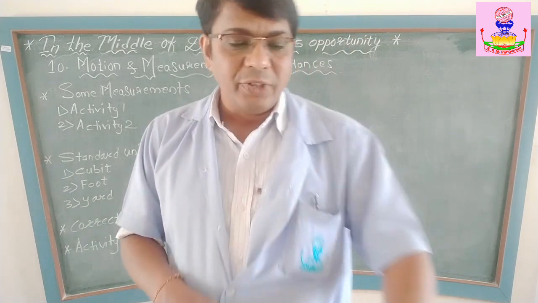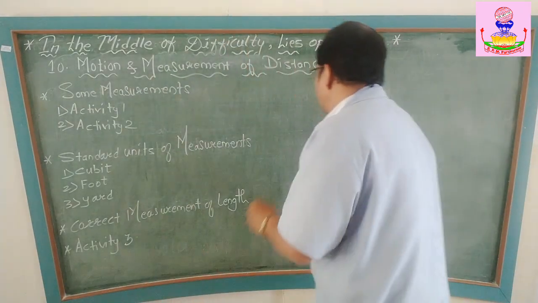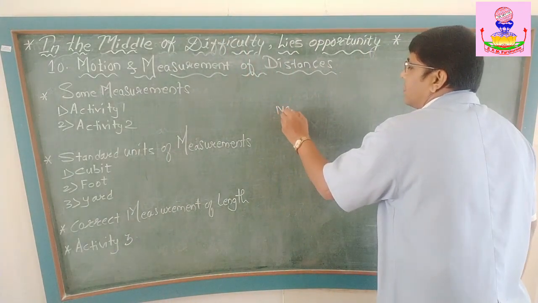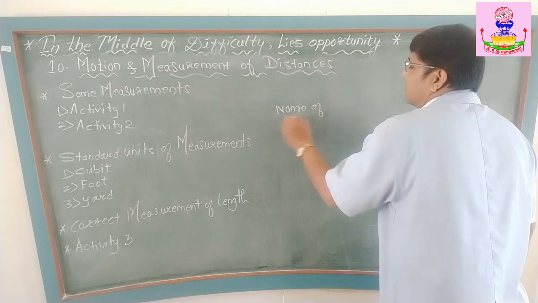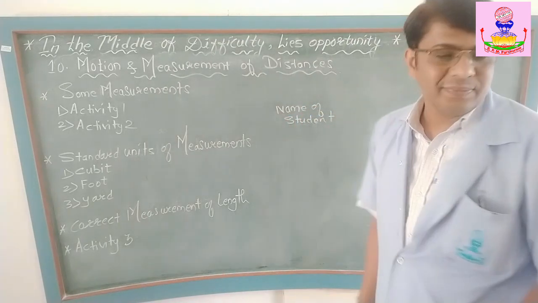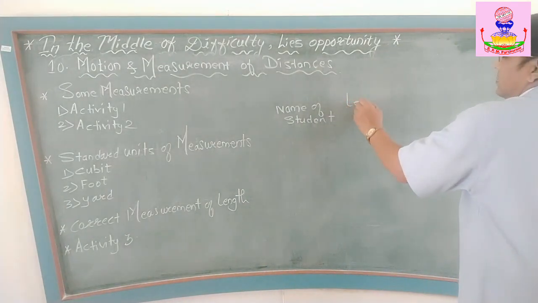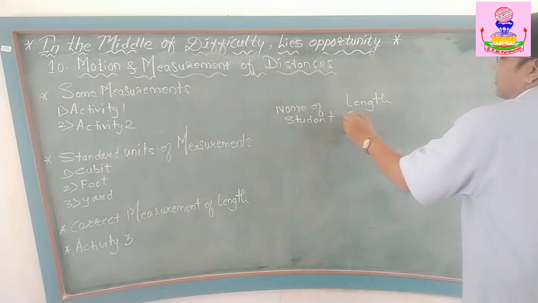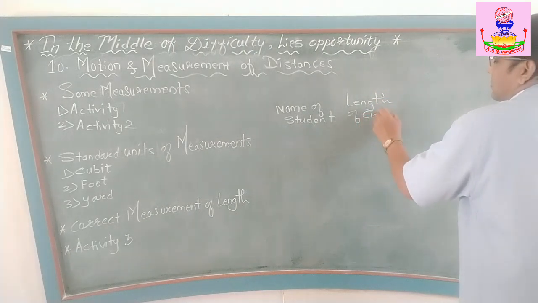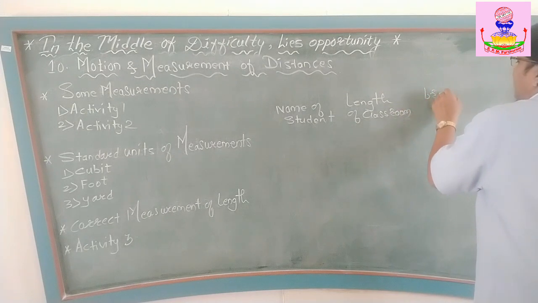The columns to be made, I am writing here: name of the student, length of the classroom, and breadth of the classroom.